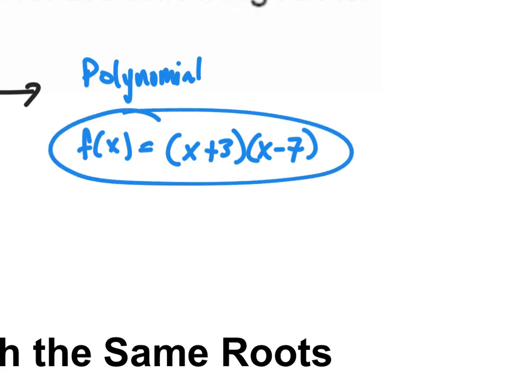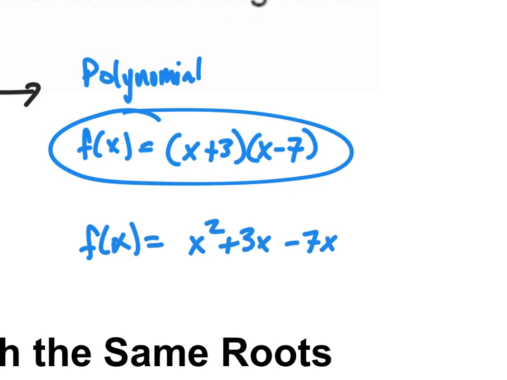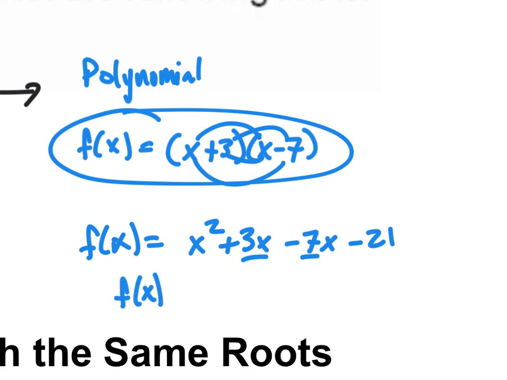It's pretty simple. We could multiply this out and say f of x is x squared plus 3x minus 7x minus 21. We combine our like terms in the middle, so f of x is equal to x squared minus 4x minus 21.